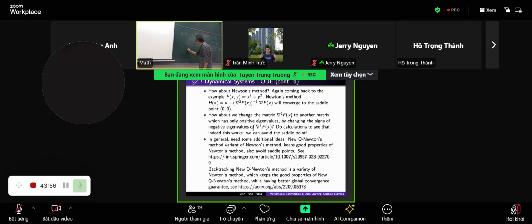If you do this in your method, x1, y1 equals x0, y0 minus B inverse times the gradient. So it's x0, y0 minus 1/2, multiplied with 2x0, minus 2y0.